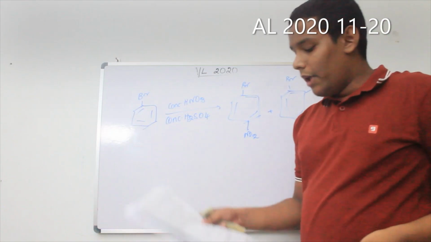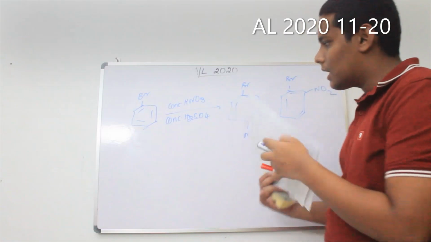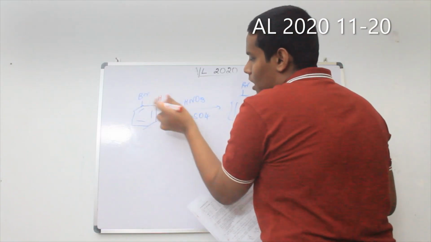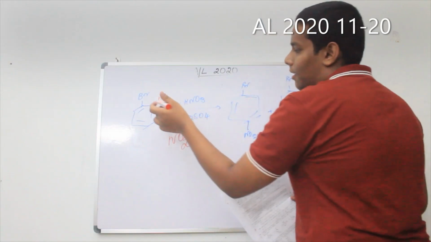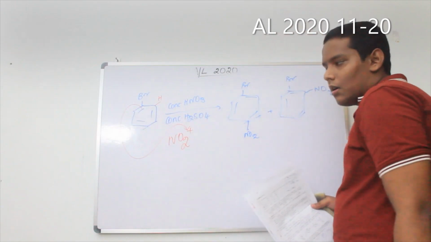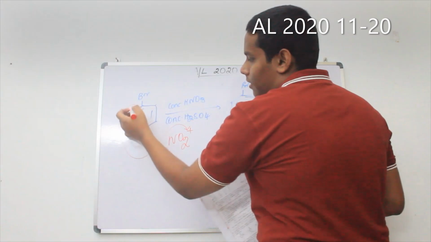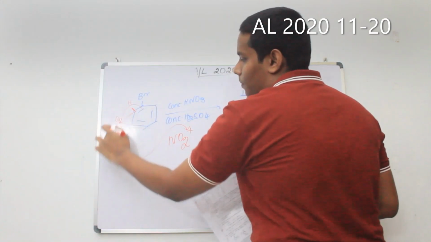Okay. Now we have to find which is the wrong one. Now look at the first one. The NO2 plus electrophile will come. This is the first step. If I want to add it here, then this is H and this is NO2. That is how the reaction will go.